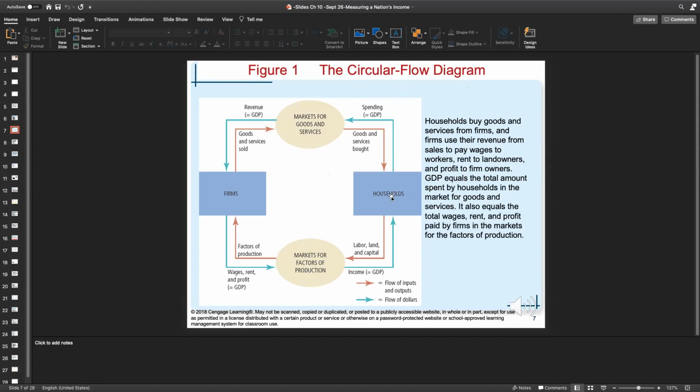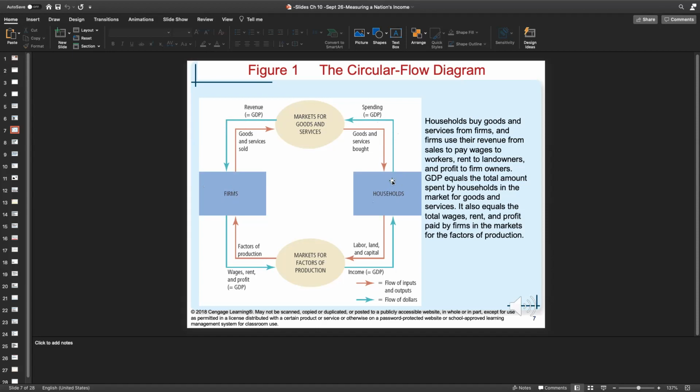When households spend their money to buy goods and services, that is an expenditure on the household side, while it is revenue and income for firms. So as you can see, both sides are equal.